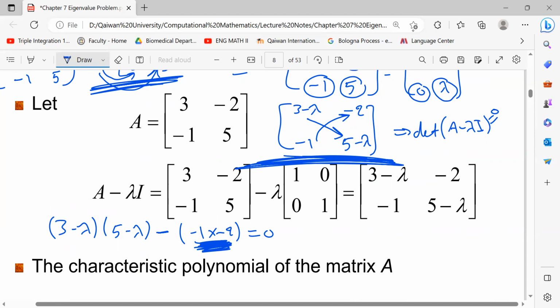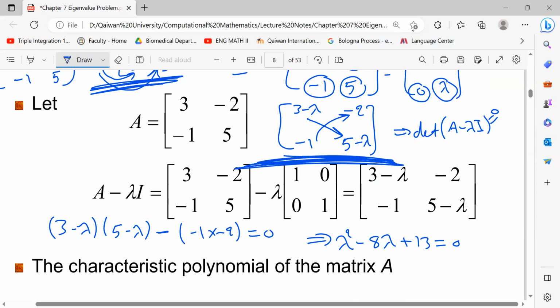After expanding these brackets, we get lambda squared minus 8 lambda plus 15, then plus 15 minus 2. So we get 13, equals 0.